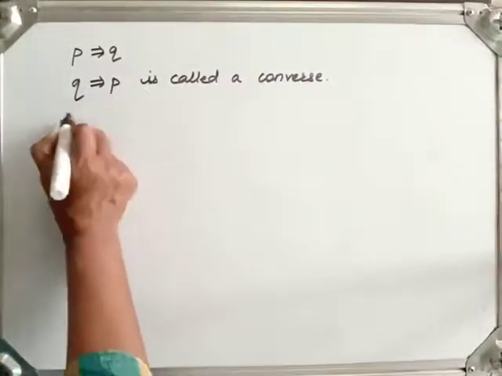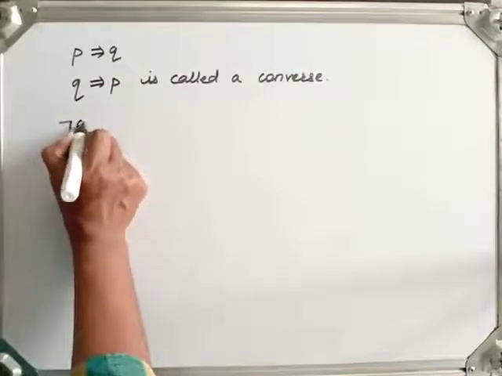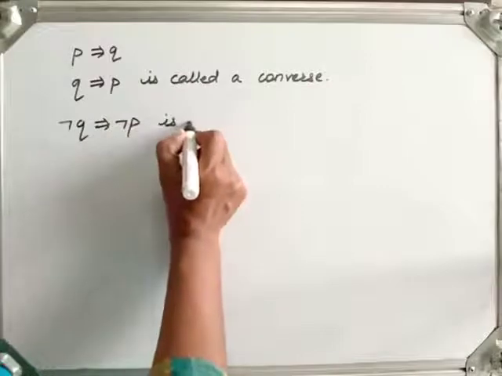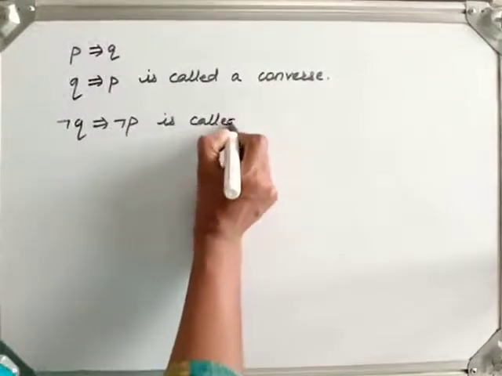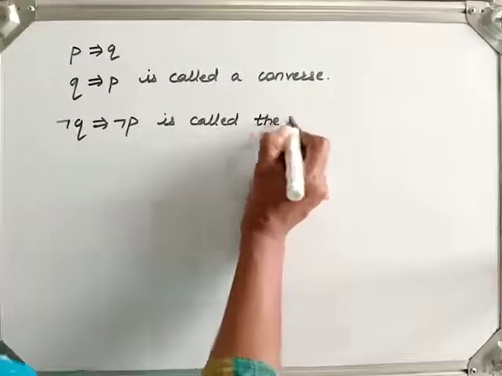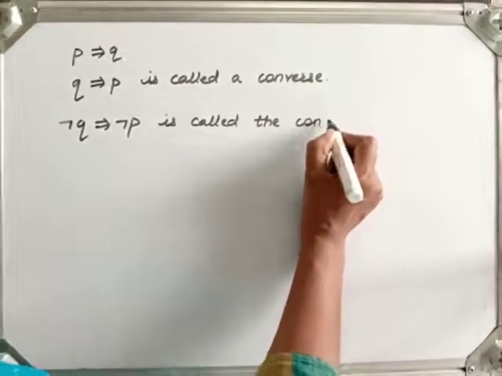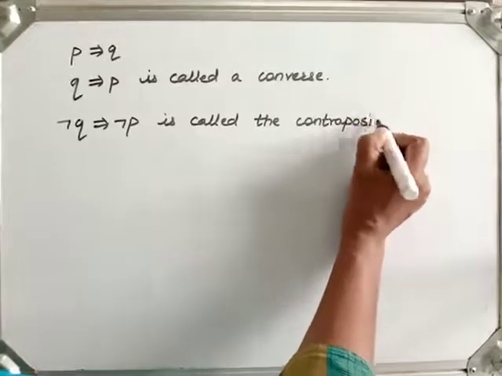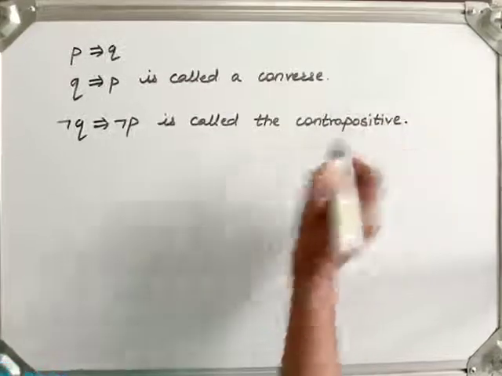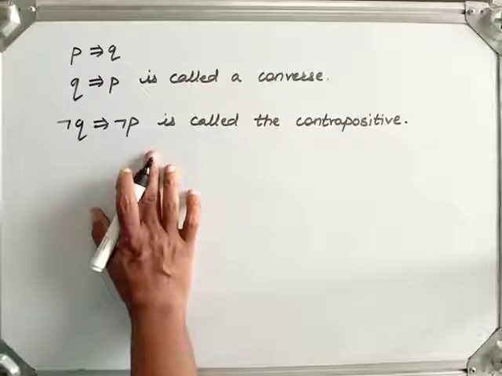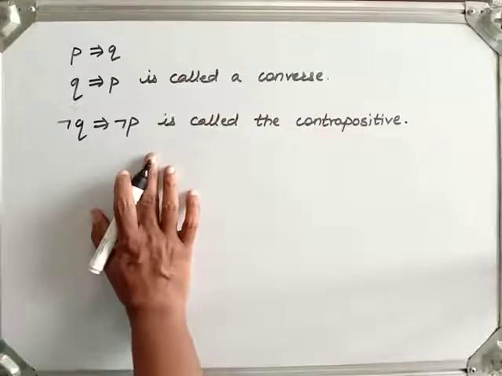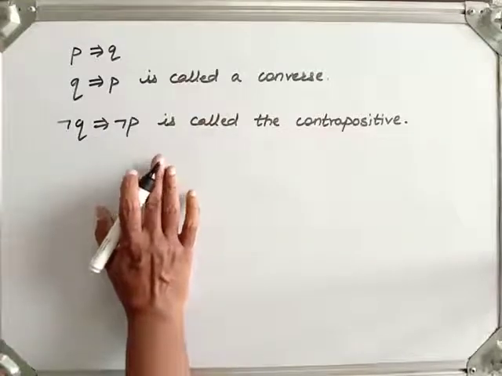Similarly, if I write negation Q implies negation P, this is called a contrapositive. This is a very important statement. We are using this statement in many proofs. Also, whenever you are going for programming, to check whether that program is correct or not, as I already taught, the application of this course is to check that the program is correct or not.